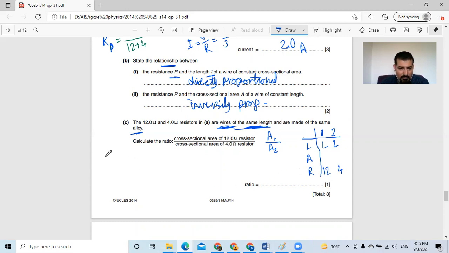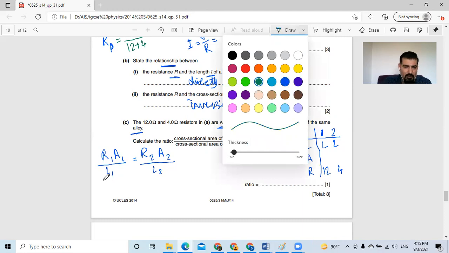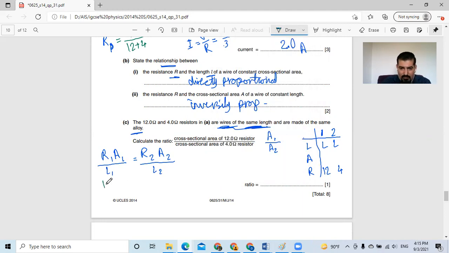So what do we have? We have to use the formula R1 times A1 divided by L1 equals R2 times A2 divided by L2. L with L, they cancel out each other. So what's left here is the resistance 12 multiplied by area for 12 equals 4 multiplied by area for 4.